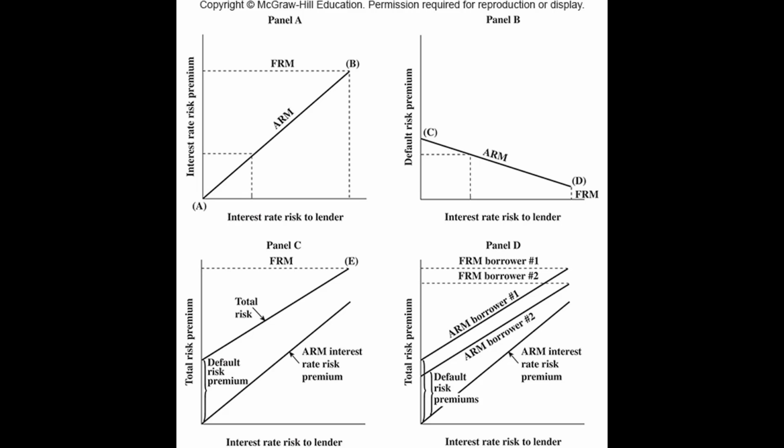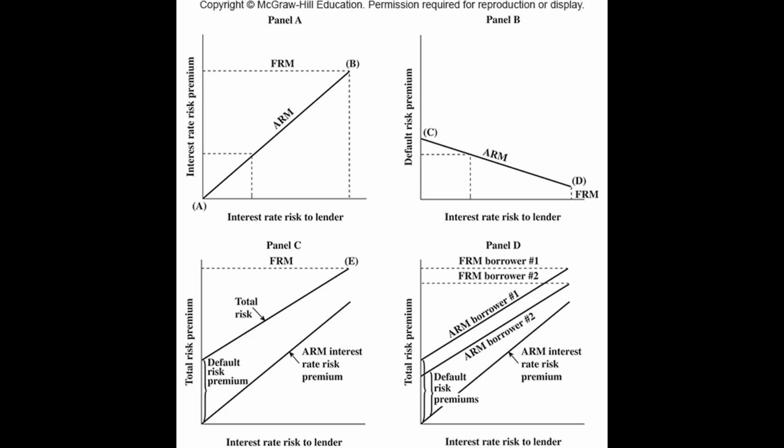So at origination, the expected yield on an adjustable rate mortgage should be less than the expected yield on a fixed rate mortgage, because remember, over time, that adjustable rate will likely increase, and so we don't want it to increase so much that we run into default risk issues.